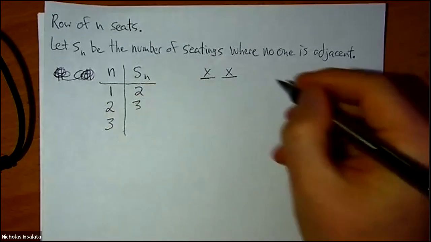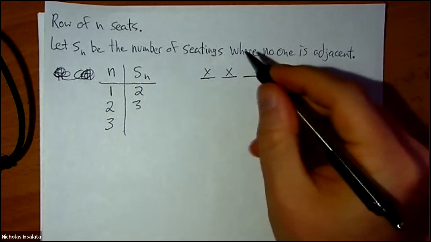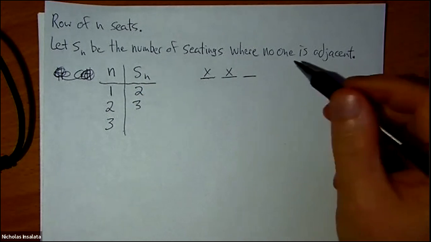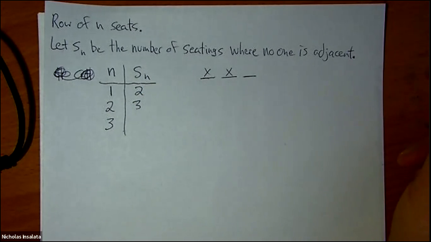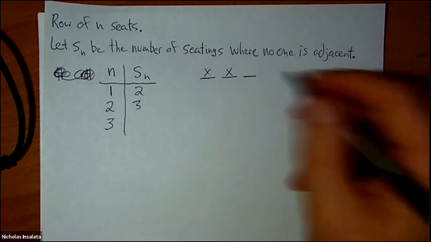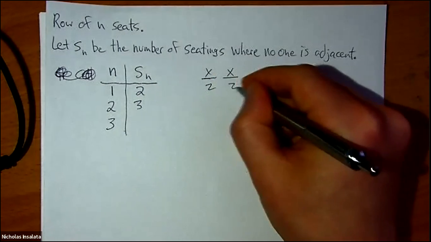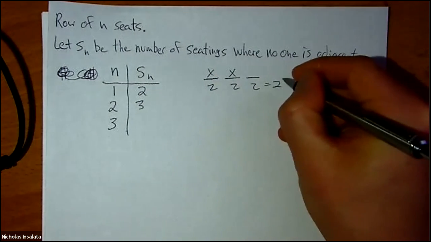Okay, so let's try 3 then. Well, first of all, what would the total be for 3, including the ones where people are adjacent? Not 9, yeah, 8, right? Because each seat can either have a student or not. So there's 2 possibilities here, 2 here and 2 here, is 2 cubed total.